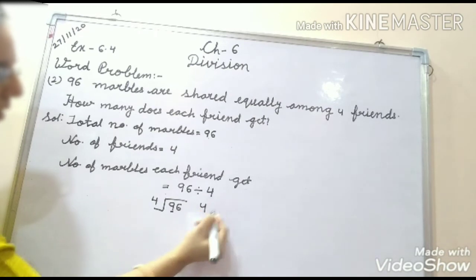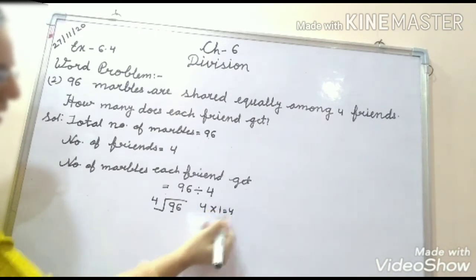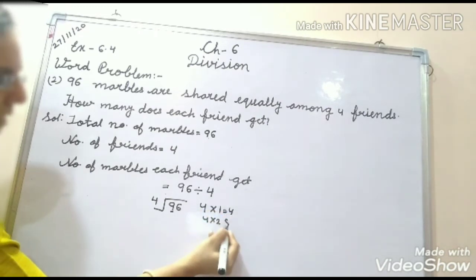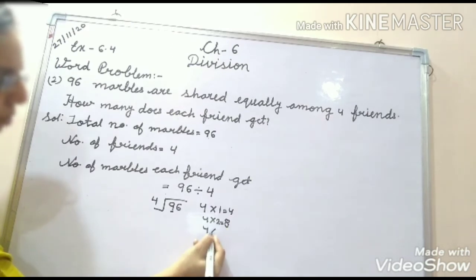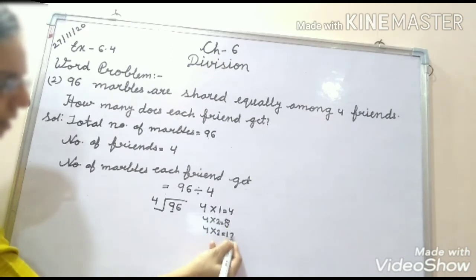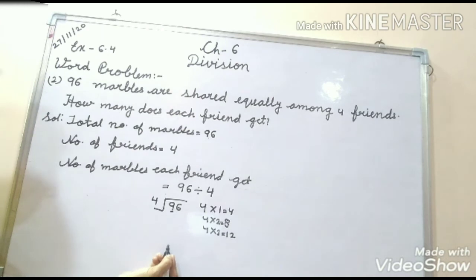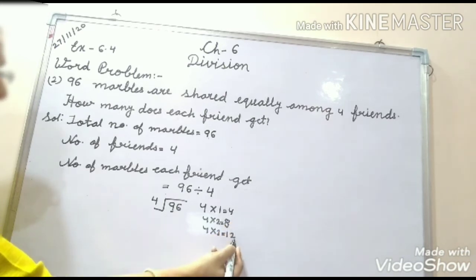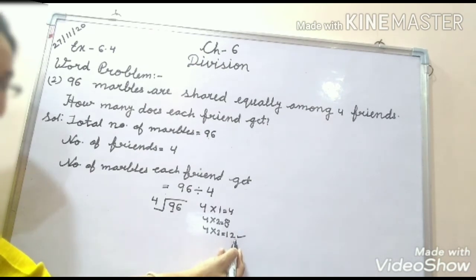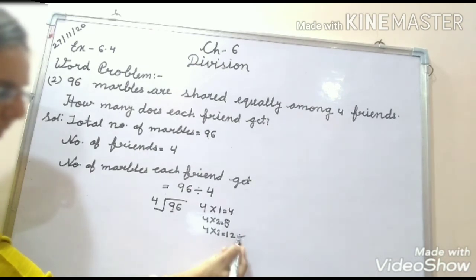So you will write here the table of 4. 4 ones are 4. 4 twos are 8. 4 threes are 12. What I taught you in the last class: if you cross 9 and reach a bigger number, that is 12, that means we have to stop writing the table here.